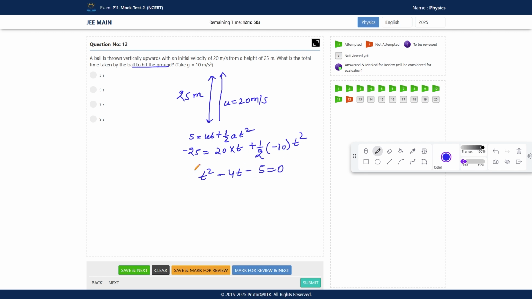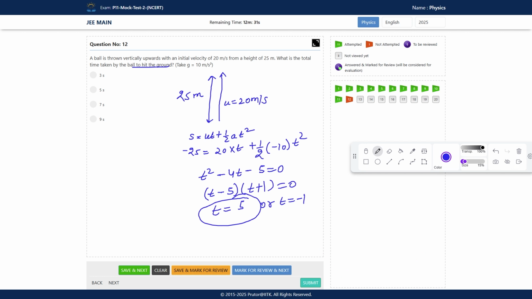So this is a quadratic equation. Please solve this quadratic equation. So (t minus 5) and (t plus 1) equal to 0. So there are two values of t: t equal to 5 or t equal to minus 1. Which one is correct? 5, because time can never be negative. So t equal to 5 second.